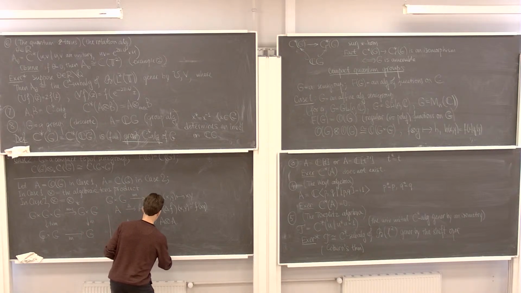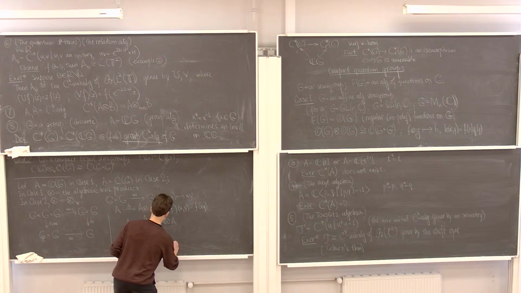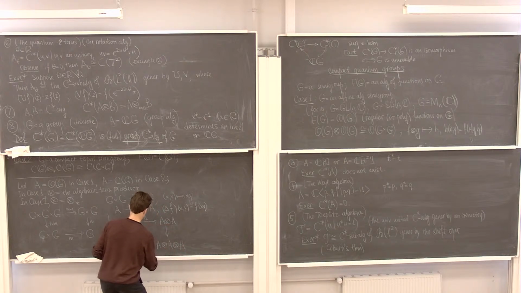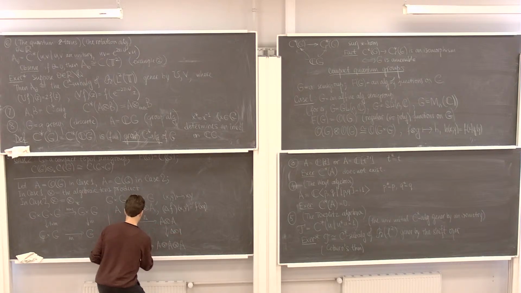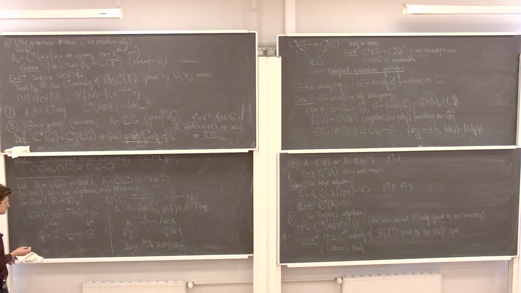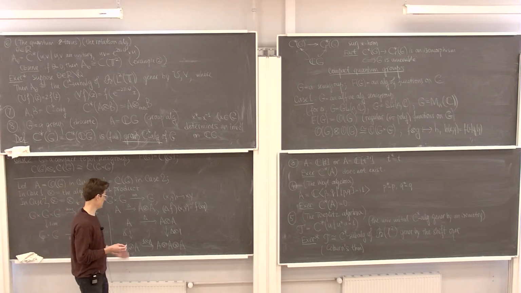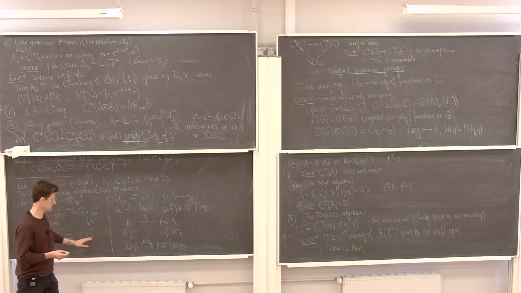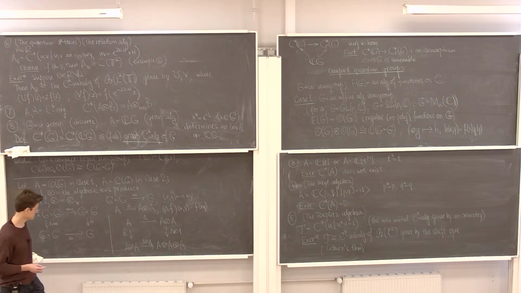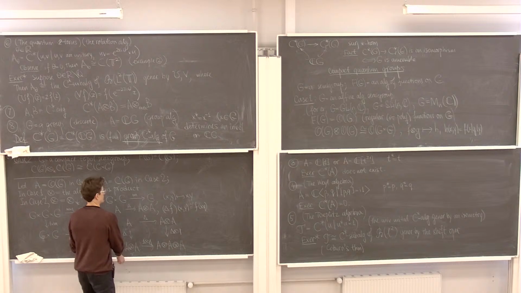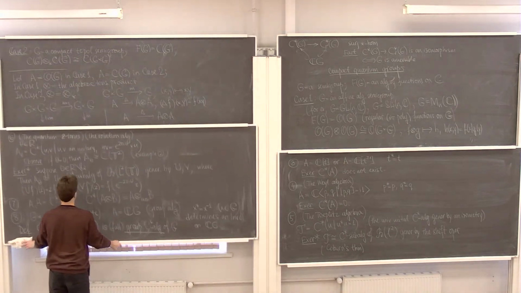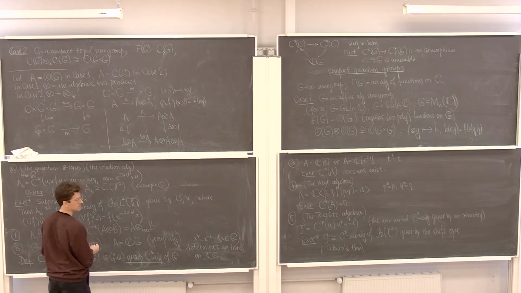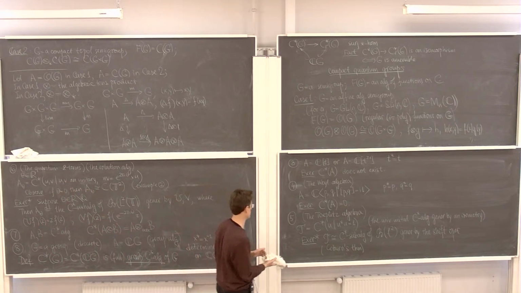Here we have A tensor A. Now this is delta tensor 1, and this is 1 tensor delta. And this diagram is commutative because this one is commutative. So this observation naturally leads to the definition of a bi-algebra.